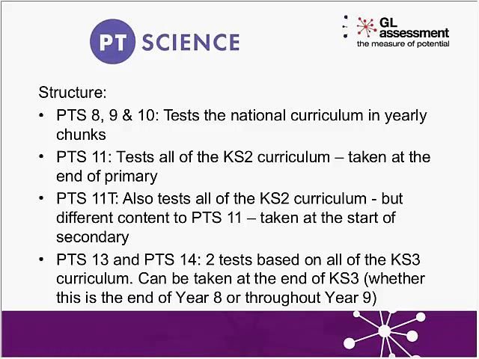It's not designed to be taken at the end of each year as it is in primary. It's for a summary of the whole of the Key Stage 3 curriculum, because you can teach the biology, the physics, the chemistry in different orders. So this will support the schools in terms of how you deliver your Key Stage 3 curriculum.